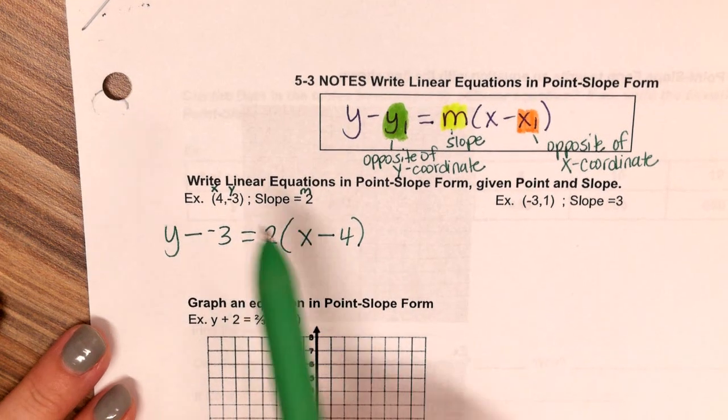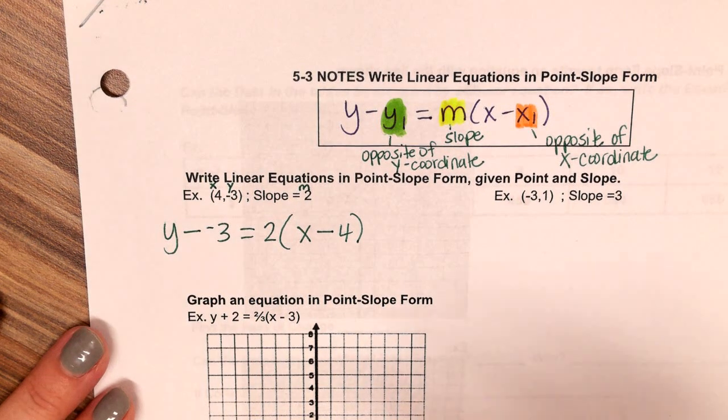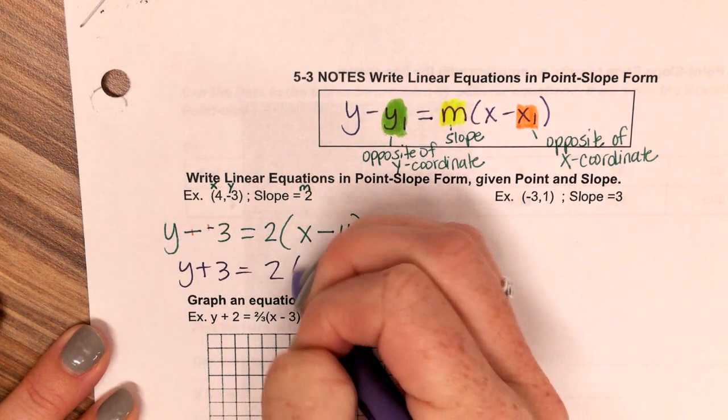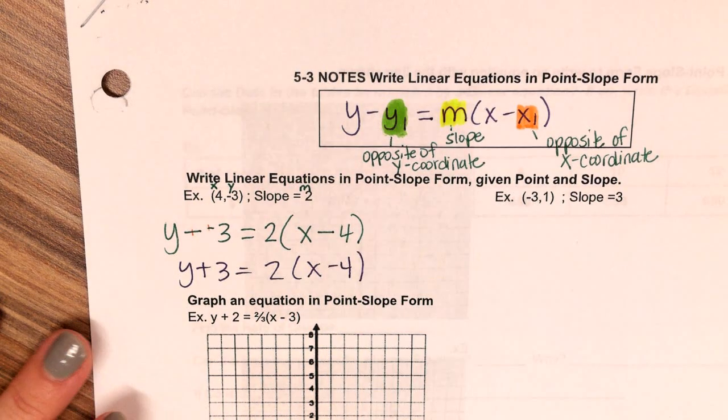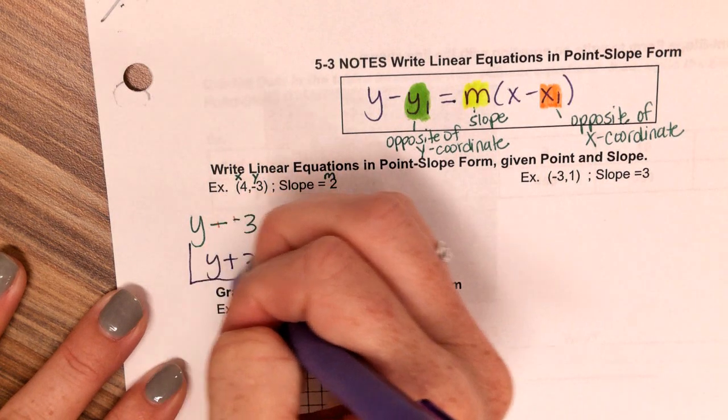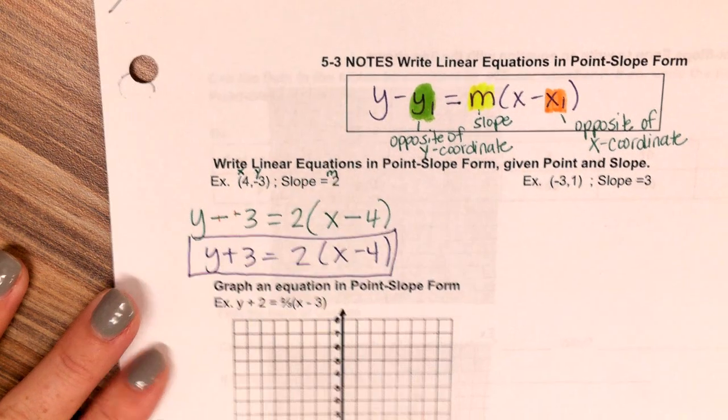Okay, and then we're going to simplify this, and we would say, hey, right here, you would change. And my equation would be y plus 3 equals 2x minus 4. And then you can go back and check that you did it correctly by asking yourself if the values match.